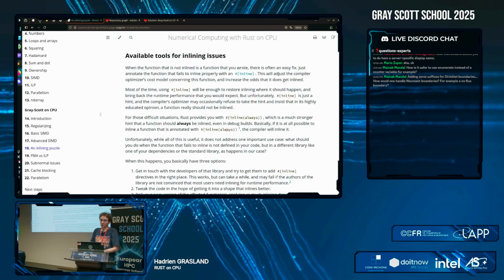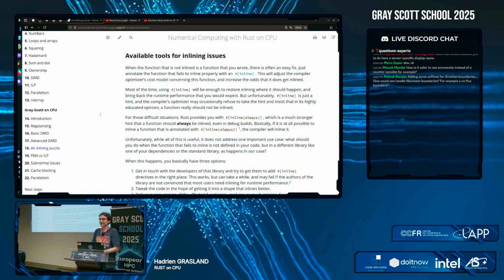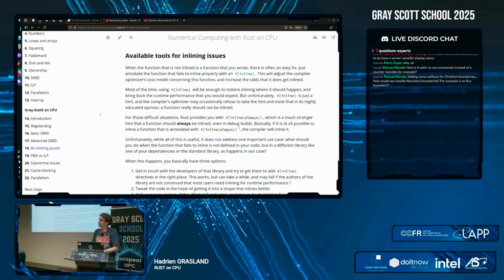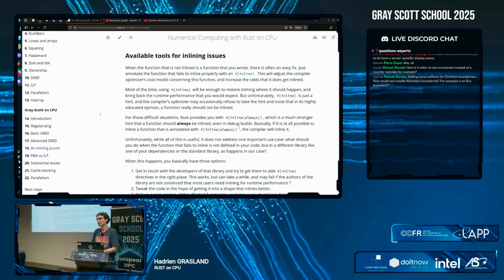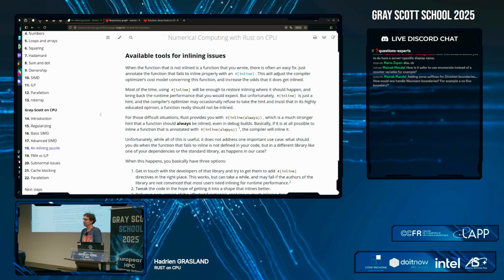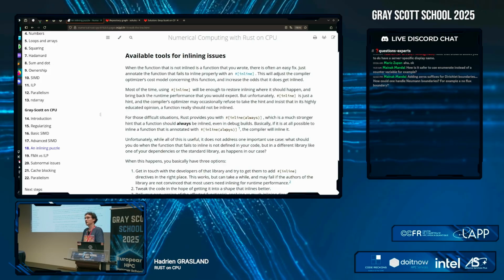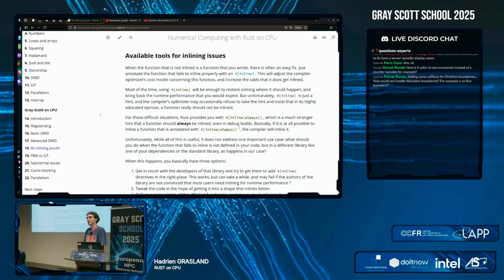But there is just one problem with this, which is that in order to put this directive, you need to have access to the source code of the function. You need to be able to modify the definition of the function to add this directive. And here, because ND-array is a third-party library, that's not something we can easily do.